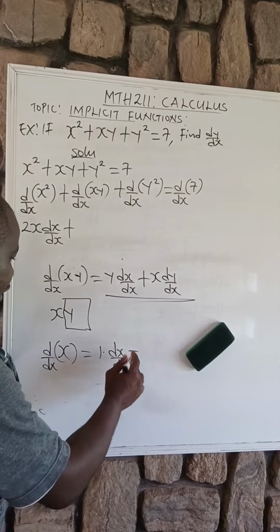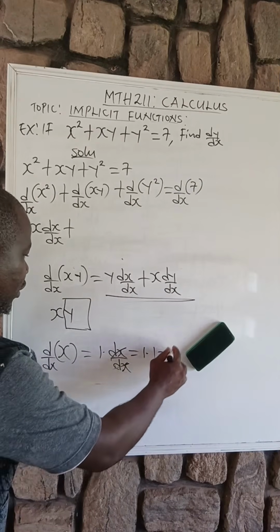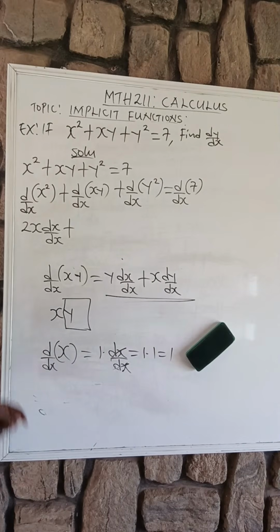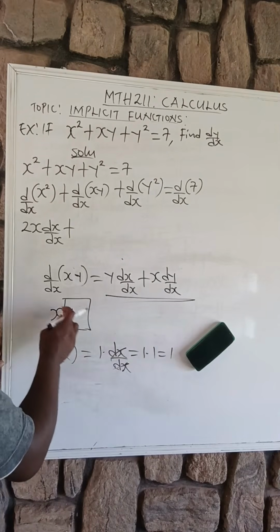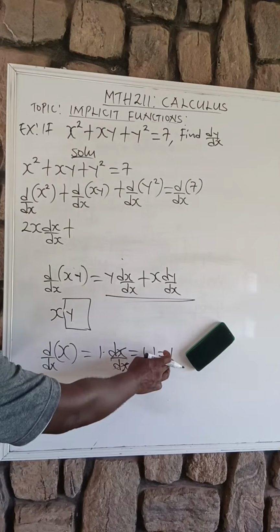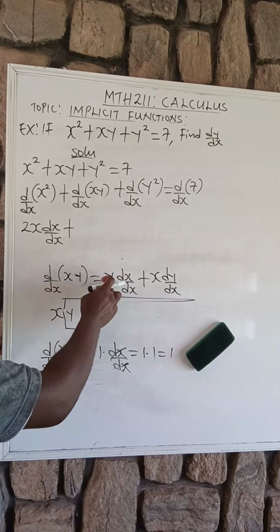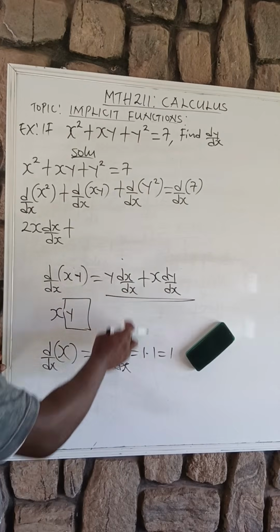So this is the same thing as this and this will go 1 times 1, which is equal to 1. True or false? So this answer, use it to multiply this y that is here. 1 times y. True or false? That is why you are saying y dx all over dx.